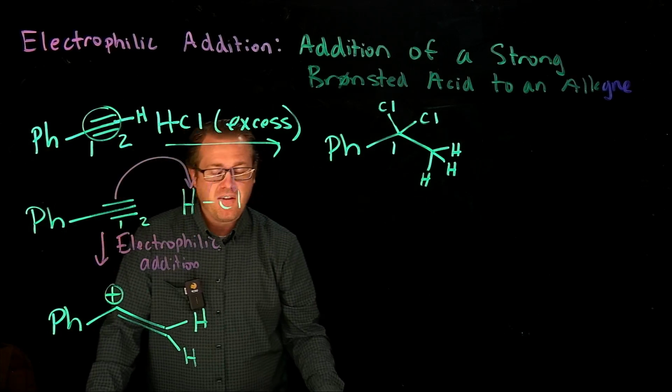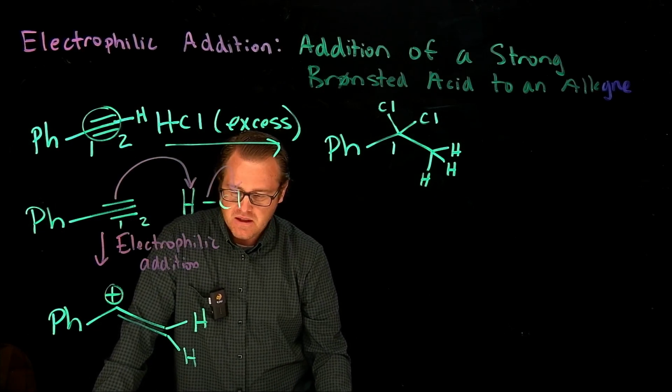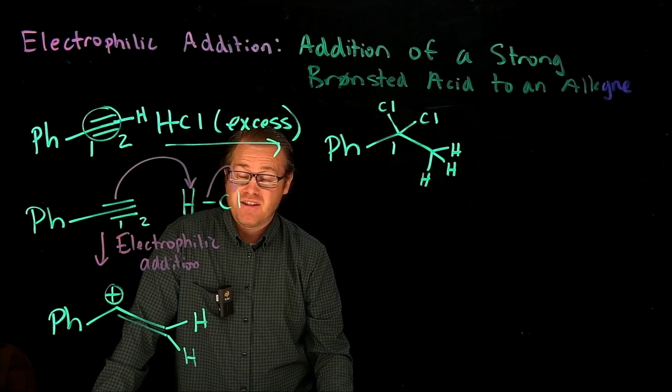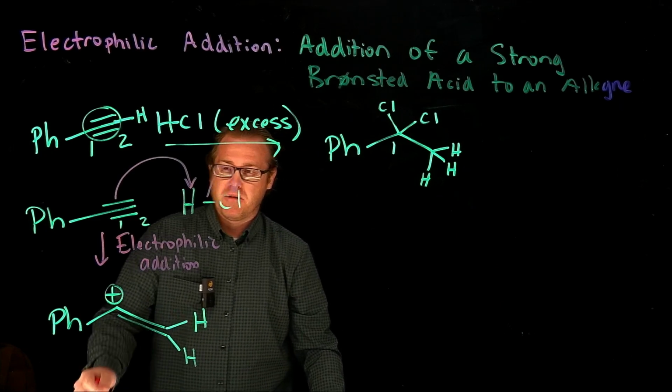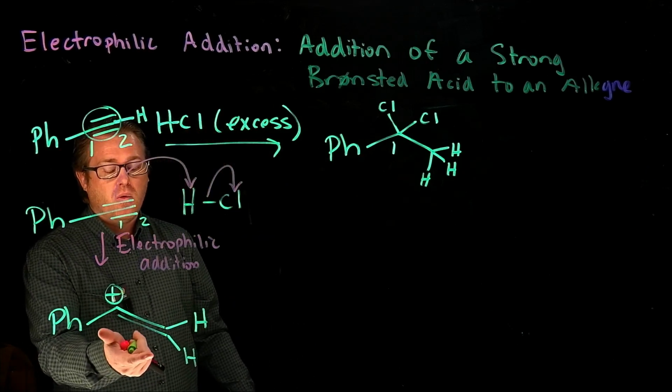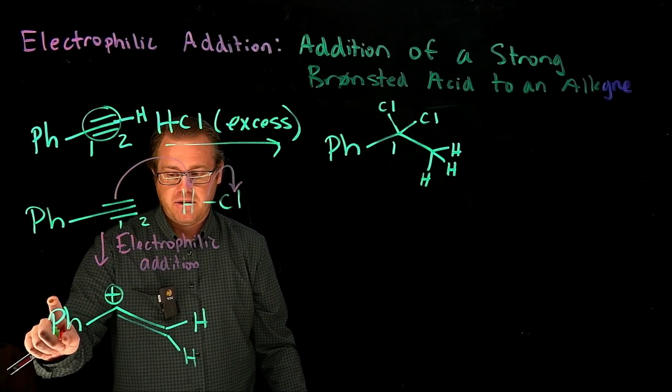And we call that a vinylic carbocation. Okay? And vinylic carbocations are not stable. They're not very stable at all. But the reason why this particular one is going to work for us is because we have the benzene ring.